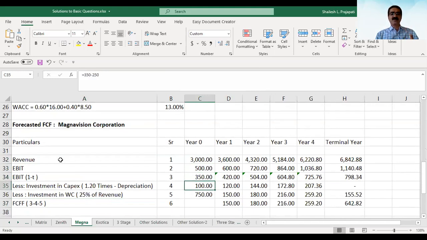Investment in capex is already given, 1.2 times the investment in depreciation, and working capital will increase by an incremental working capital of 25%. We will take only the incremental working capital.